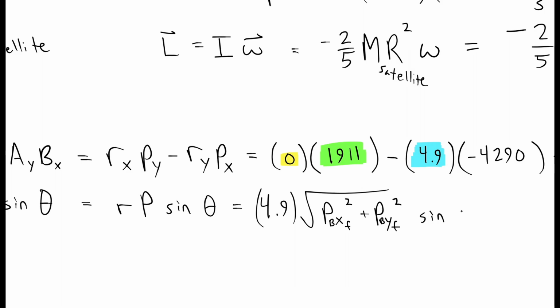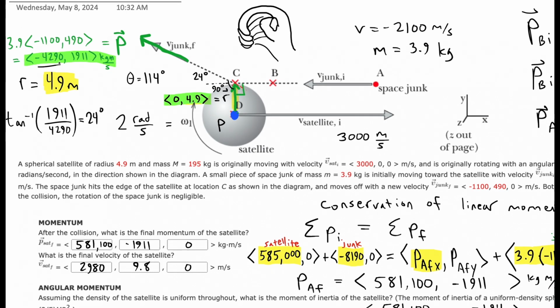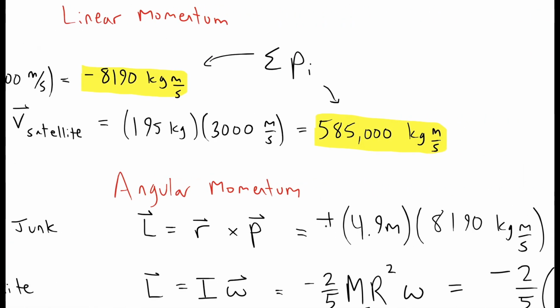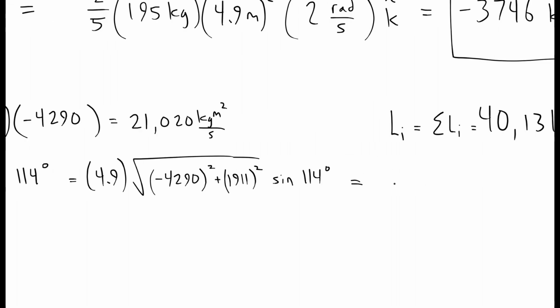And then we'll do sine of 114 degrees. Okay, so let's see what the components of the momentum are. Negative 4290 and 1911. Okay, so using this approach with this formula, I get 21,020 or so.